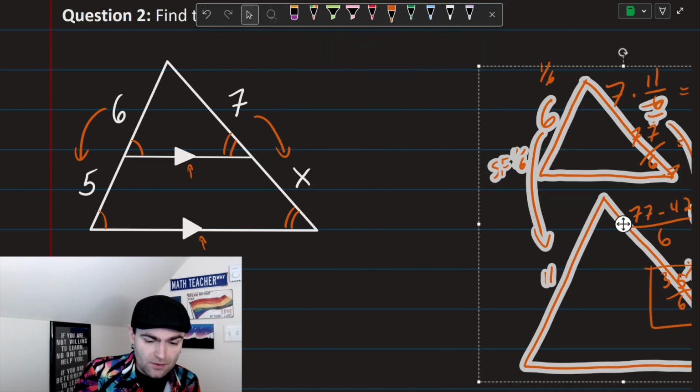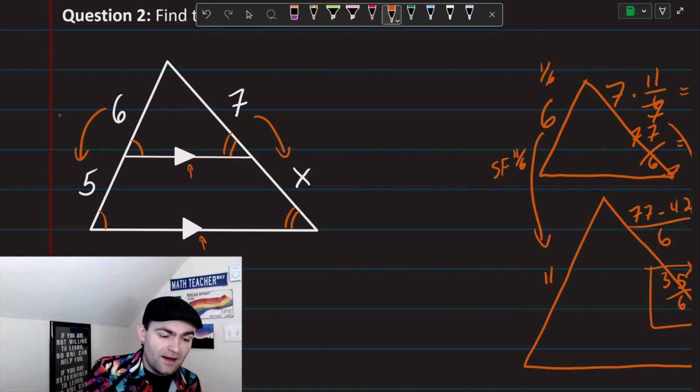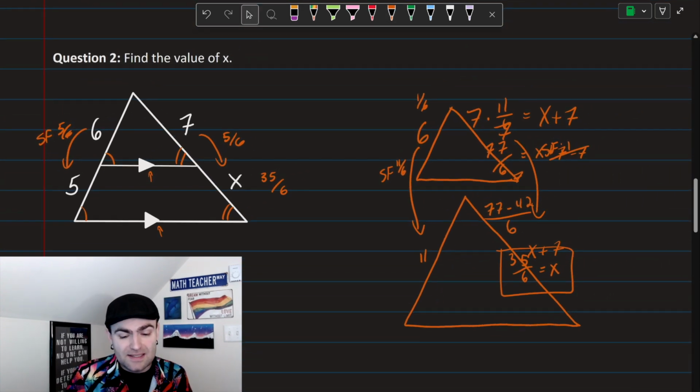I'll just move that over. So 6 to 5 would be a scale factor of 5/6, which means that we're going to multiply the 7 by 5/6. 7 times 5 is 35. Ooh, that should be a 6. So 35/6. So we end up getting the same answer.